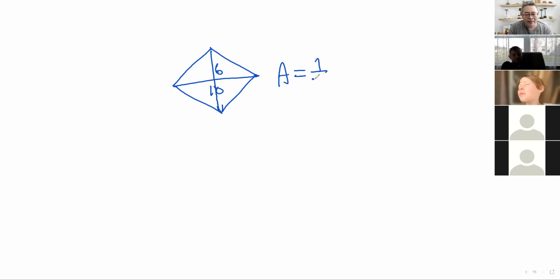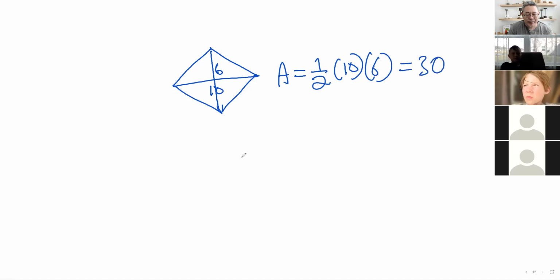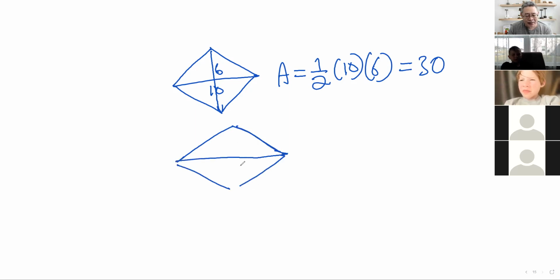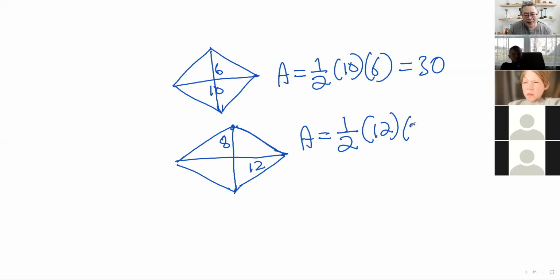And let's give some examples. If you got a rhombus like this, and this diagonal is 10, and this one is 6, then the area will be half of 10 times 6. That gives us 30. If we got a rhombus like this, and this is say 12, and from here to here is 8, then our area will be half of 12 times 8.